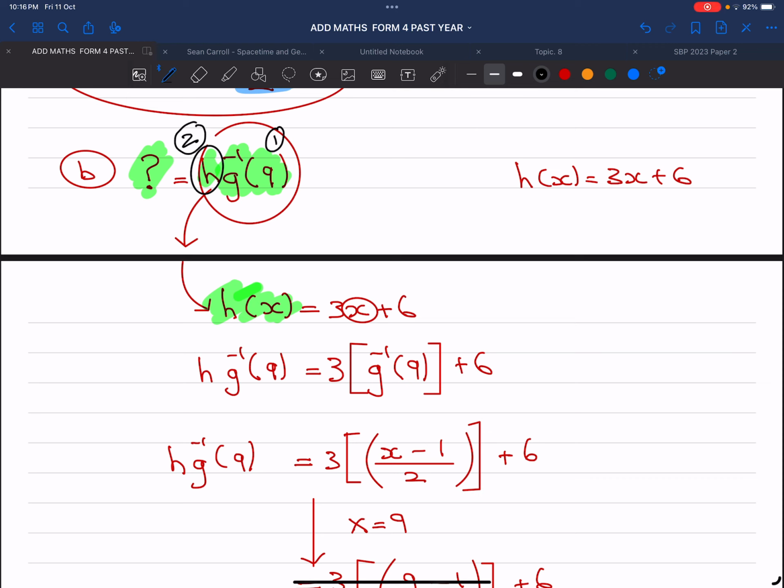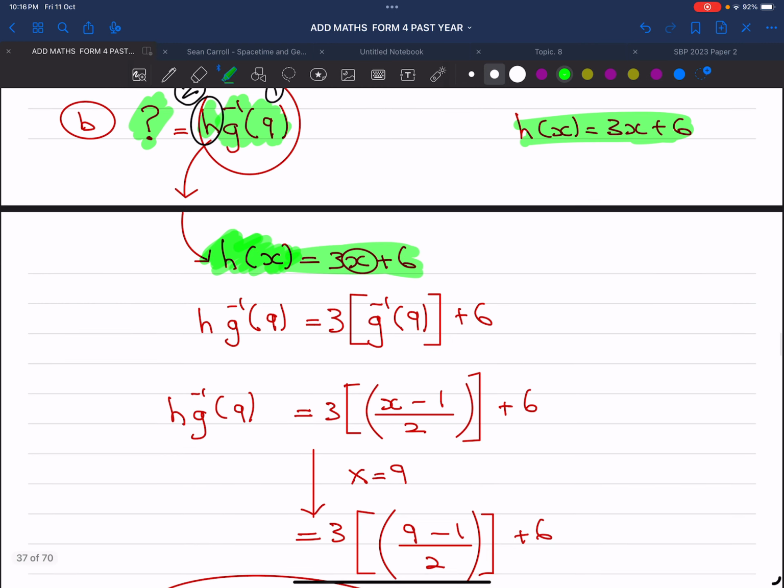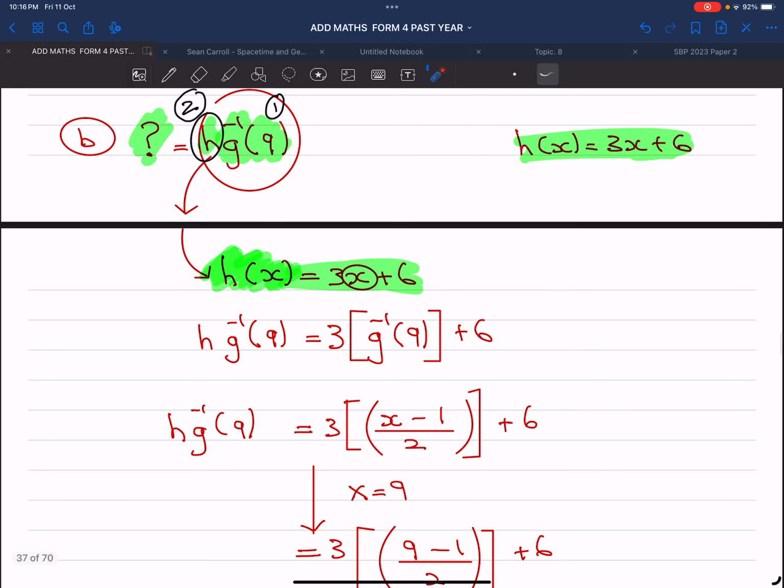So when you are given a composite, write the function in front, the h, h(x), I copy the function, which was 3x plus 6. So h(x) is 3x plus 6. Now, the x, we are going to replace with g inverse 9.